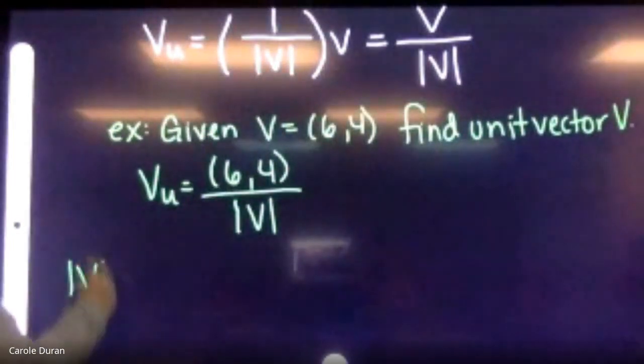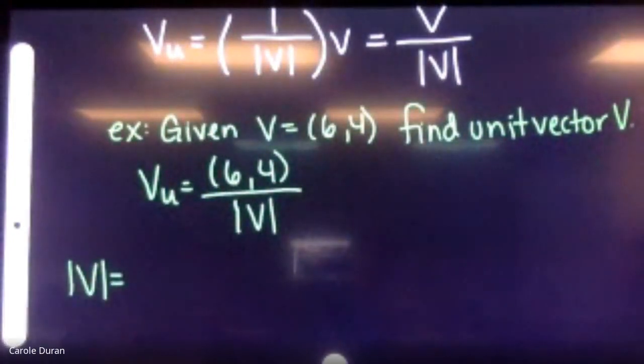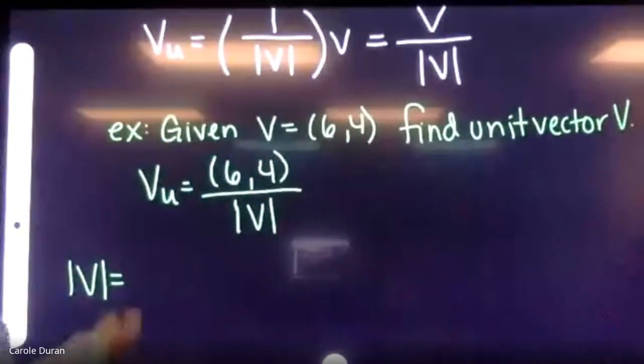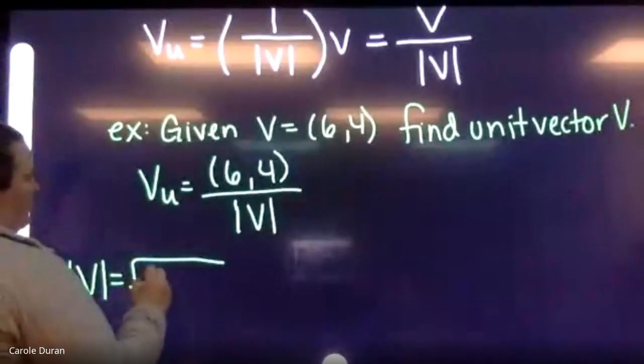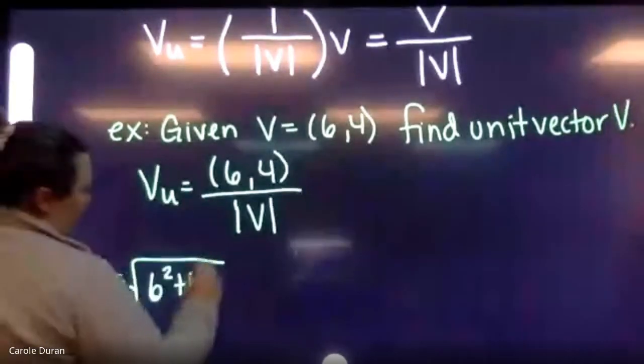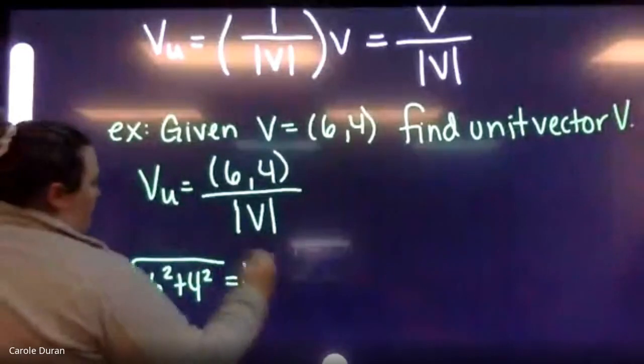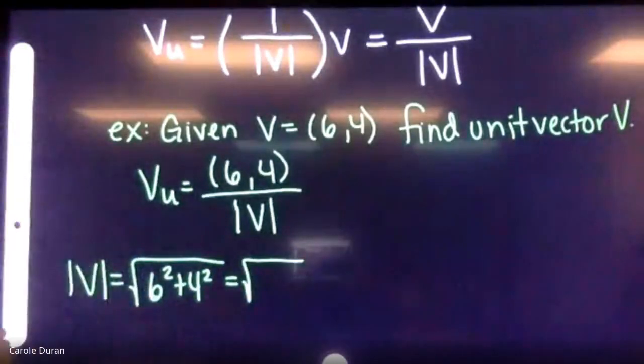How do I find the magnitude of a vector? The square root of x squared plus y squared, where x and y come from the coordinates. So this would be the square root of 6 squared plus 4 squared, which becomes the square root of 52. 36 plus 16 is 52.